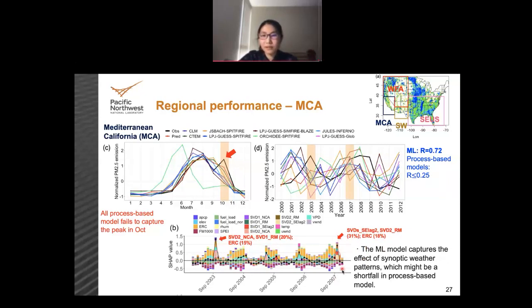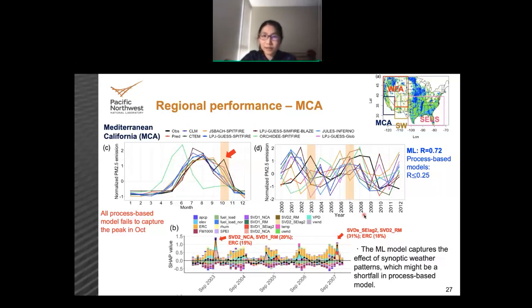So we think the reason why the process-based models failed to capture the peak in fall is mainly because they probably don't have good parameterization to capture the effects of synoptic weather patterns. But our machine learning model has the SVD predictors that somehow include such information, and we can do a relatively better job than other models.